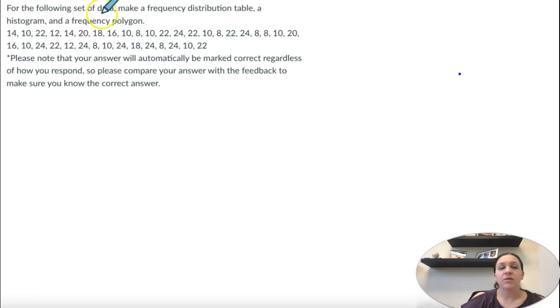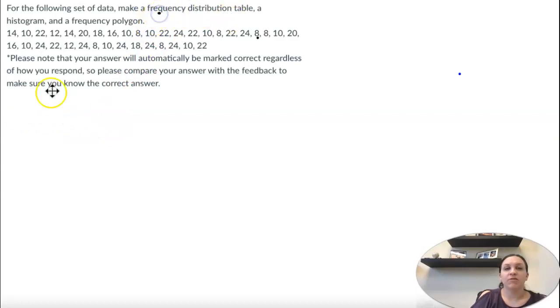Okay, so for the following set of data, we want to make a frequency distribution table. So we're going to find each value that we have. I'm looking for the lowest number, and I think it's 8. Well, let me label what we're doing first.